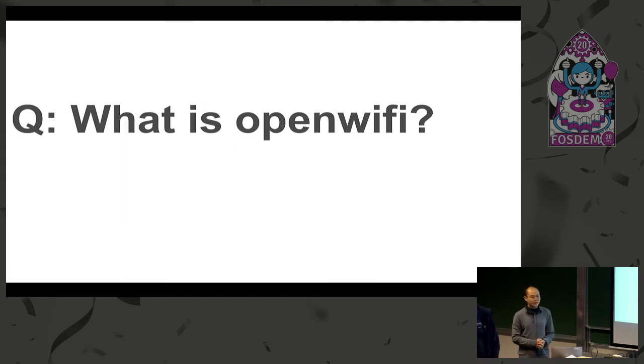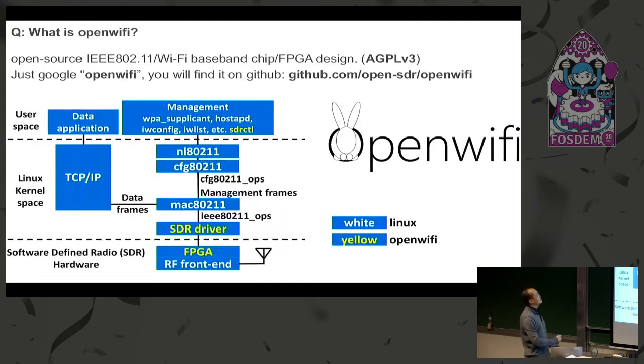First question, very basic. What is open Wi-Fi? It's not the Wi-Fi that gives you open access all over the world. I know there is such a project also called open Wi-Fi. Unfortunately, or fortunately, this is not. The answer is that open Wi-Fi in our project represents the open source IEEE 802.11 Wi-Fi chip design.